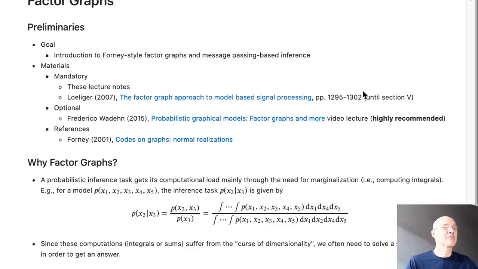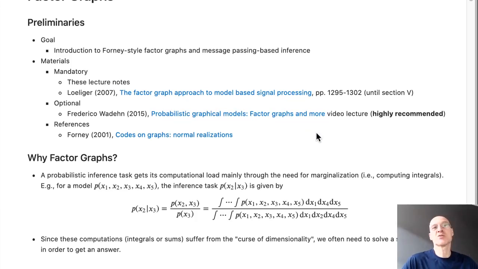It's a big paper. It's really about the idea of factor graphs and what we can do with it. There's a nice video on YouTube, probably about an hour or a bit more, also really worth it if you're really interested. And that should be enough to get a good feeling about what factor graphs can do.